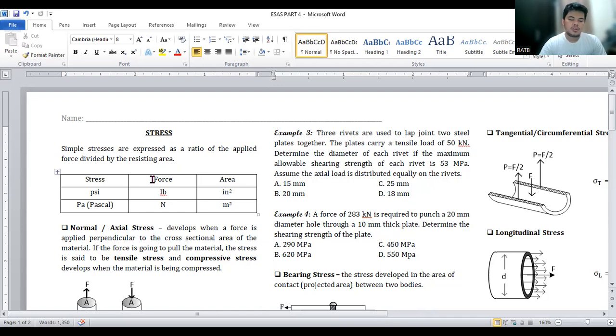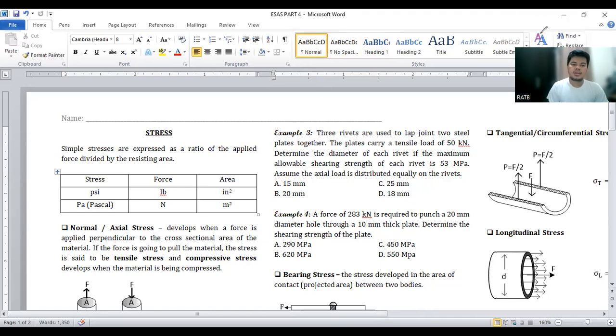Commonly we have two units for stresses: pounds per square inch, or PSI, and the Pascal, which is equivalent to Newton per square meter. For simple stresses, we can categorize them into three types.